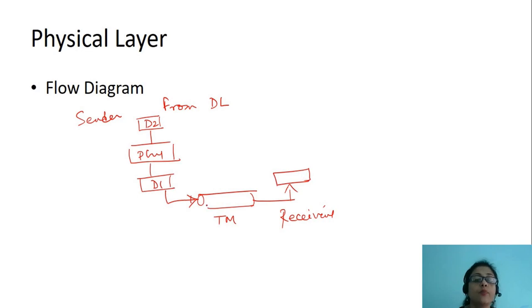These are basically raw bit streams which are converted to signal, and then the signal passes through to the receiving station. It gets the D1 data. So the physical layer helps in getting the data in the proper format at the receiving station. Then it goes to the data link layer to form the D2 data. So this is the basic flow diagram of the physical layer.